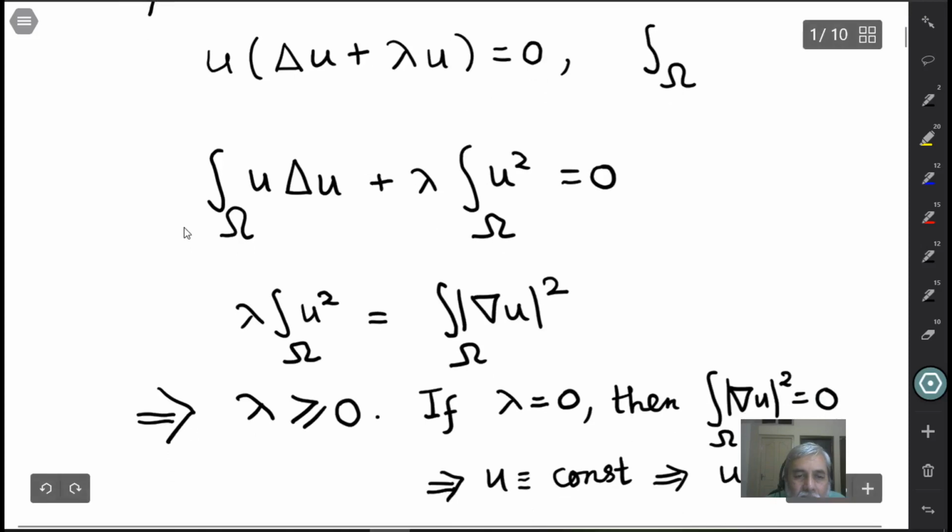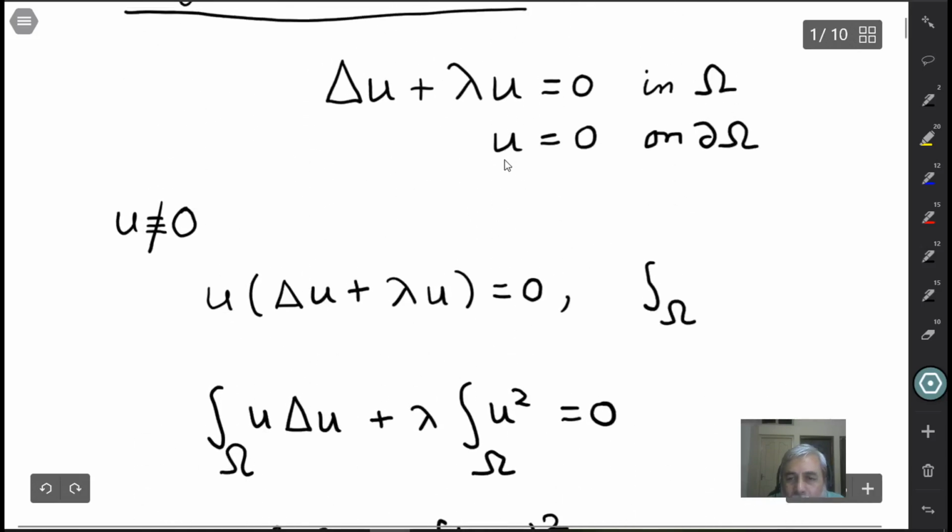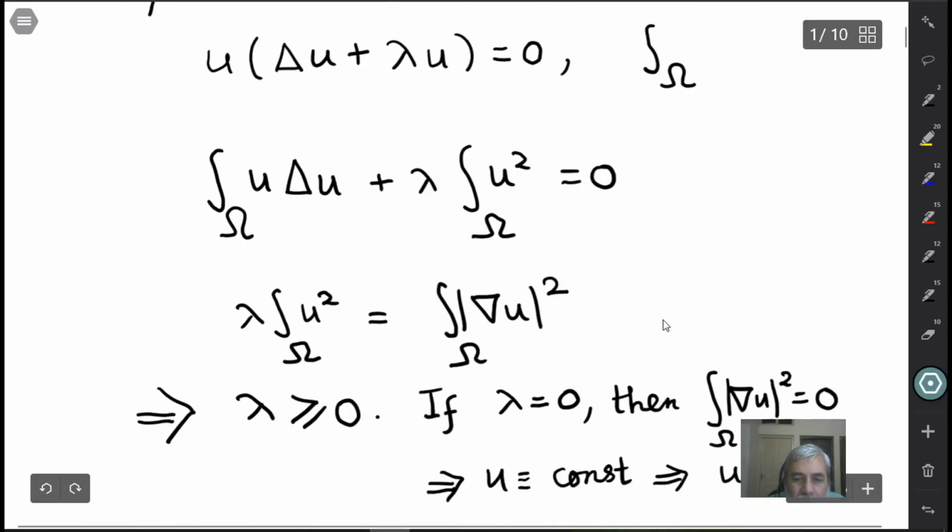And on the first integral of u Laplacian u, you apply Green's formula, and that will produce minus integral of grad u squared, and there are no boundary terms as we are assuming u is 0 on the boundary.